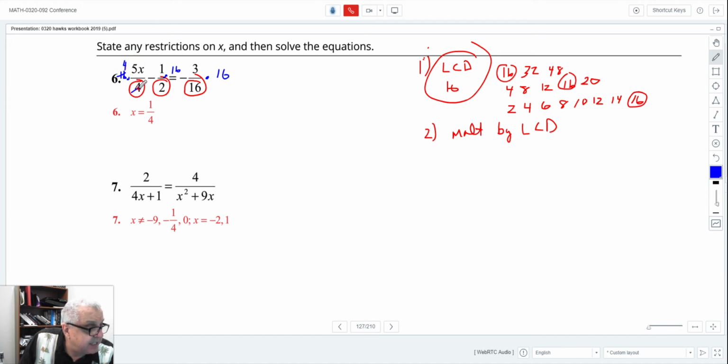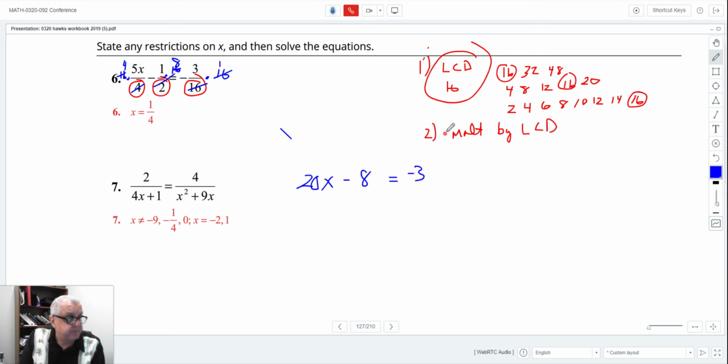So there's nothing left on the bottom, but on top I have 4 times 5, which is 20x. Here, 2 goes into 16 8 times, so on top I have 1 times 8. So this is a minus 1 times 8, which is 8. 16 divided by 16 is 1, so I just have equals a negative 3 times 1, which is a negative 3.